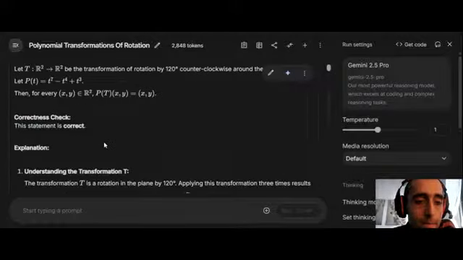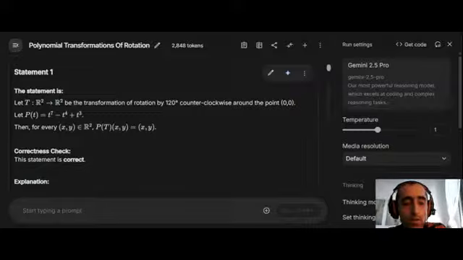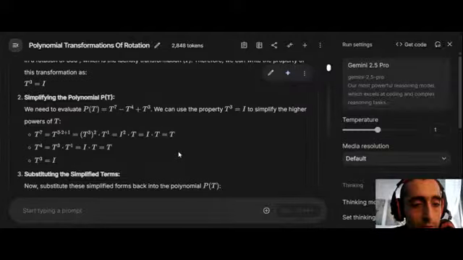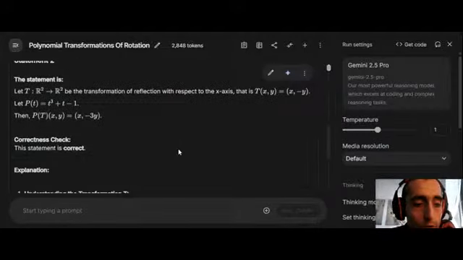So the statement that applying T to this polynomial takes a vector and stays with the same vector is correct. So this statement is correct. Okay, this is the first thing in the exercise about rotation matrices.